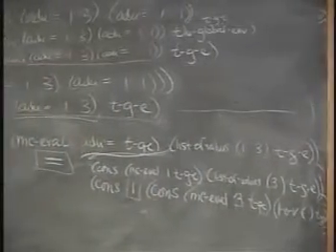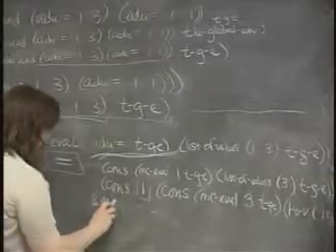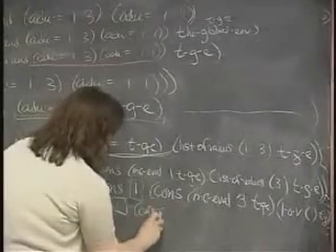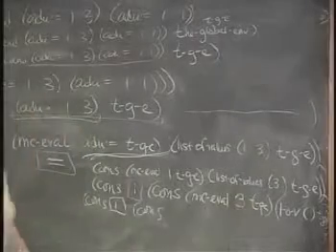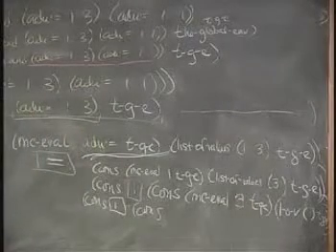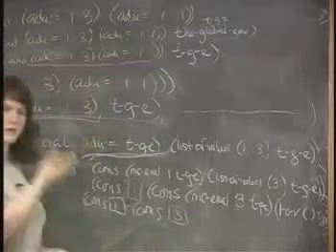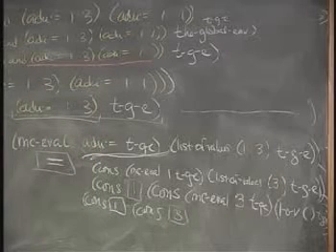Okay, so this is still cons 1, and then we're going to cons MC eval 3 in the global environment, which is just 3. What else is self-evaluating besides that? Symbols.